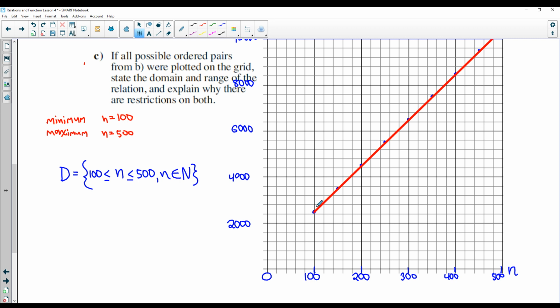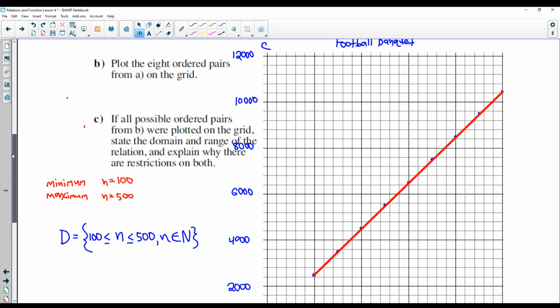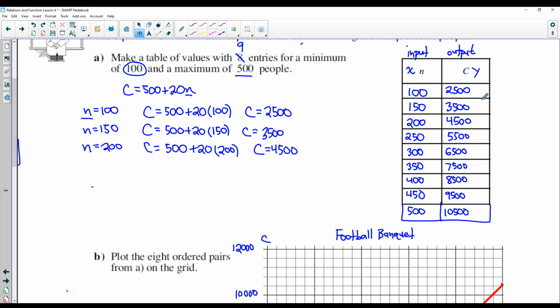So again, the easiest way to do this is to identify the lowest y value you can have and the biggest y value you can have. The easiest way to identify this is to look at the table, okay? So if you have 100 people, the lowest cost you would have would be $2,500.